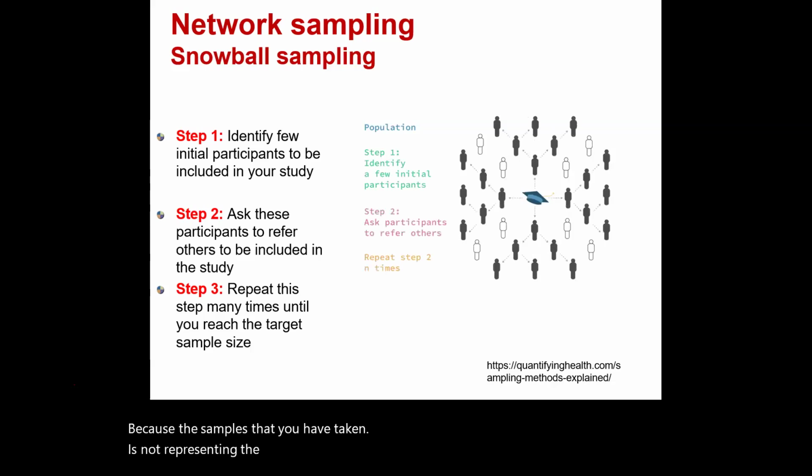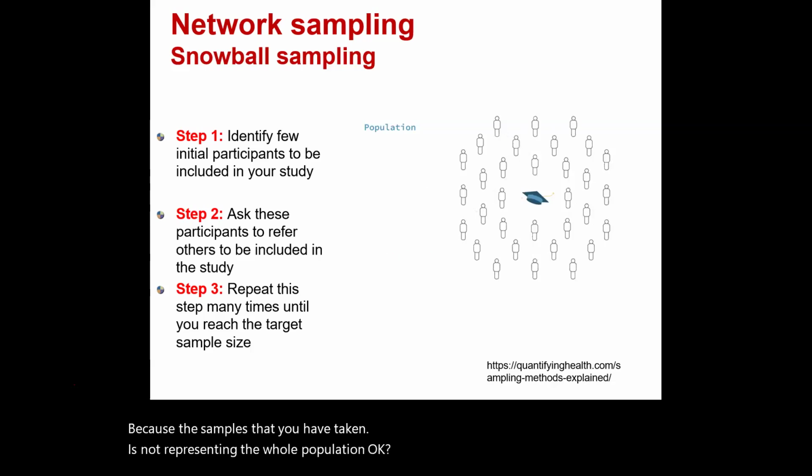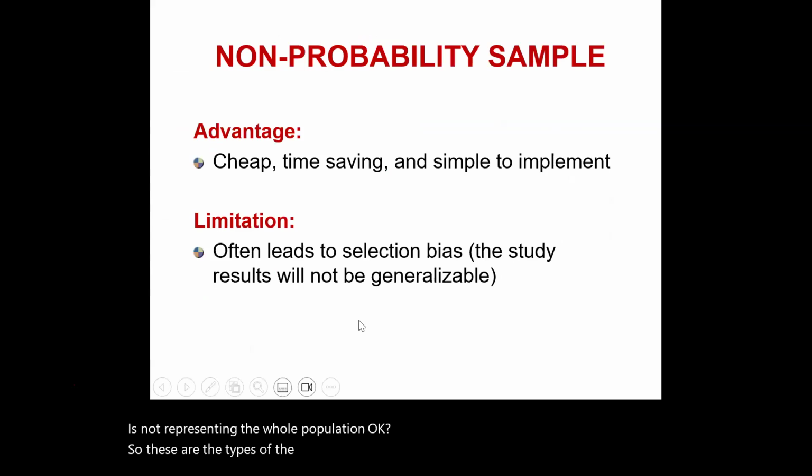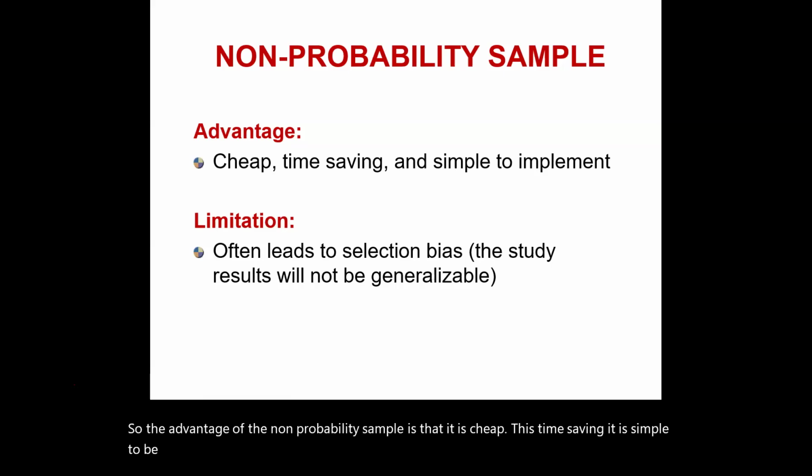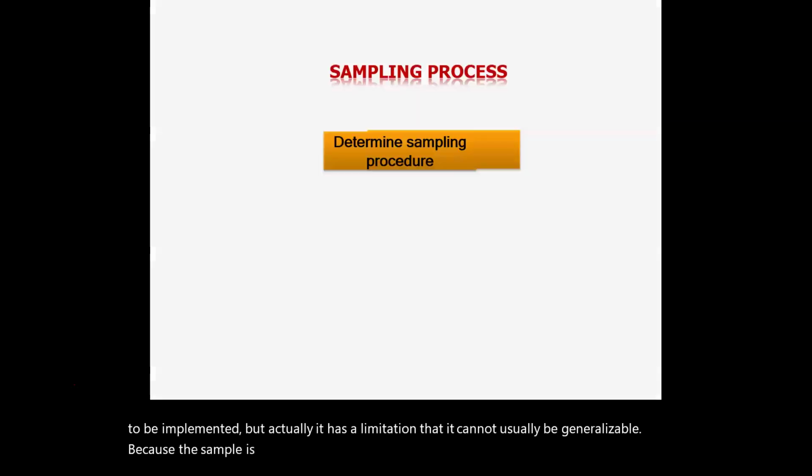Okay? Okay, thank you so much. So these are the types of the non-probability sample. The advantage of the non-probability sample is that it is cheap, it is time-saving, it is simple to implement, but actually it has a limitation that it cannot usually be generalizable because the sample is not representing the whole population.